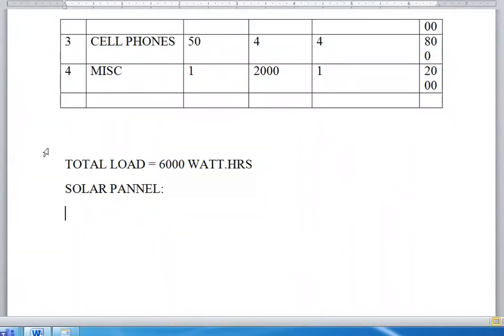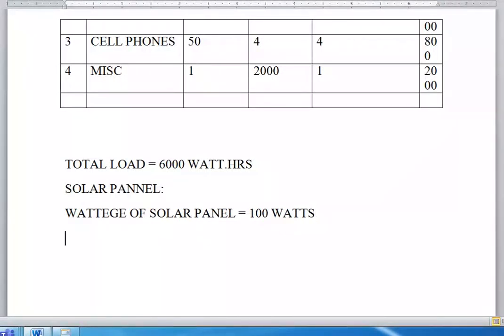For example, let me say the panel which I am going to purchase is only 100 watts. Very good. This is my budget. I am going to purchase only a 100 watts solar panel.